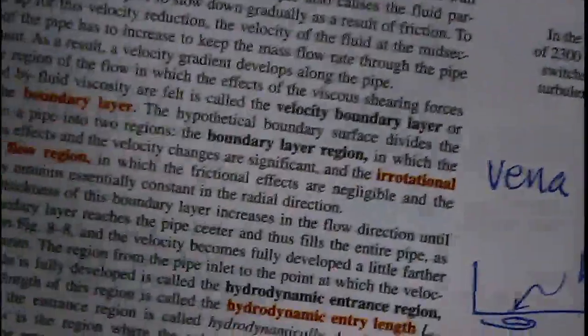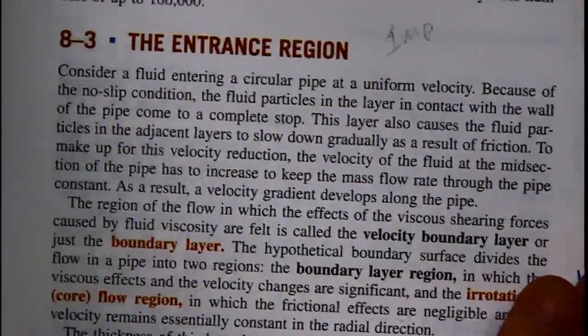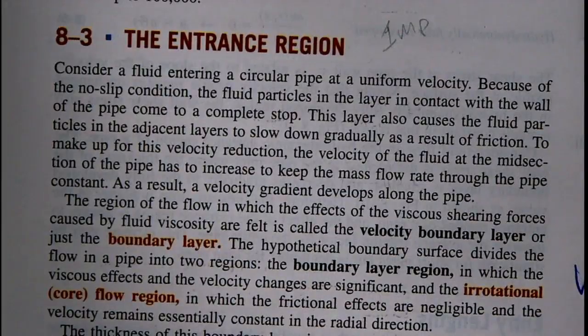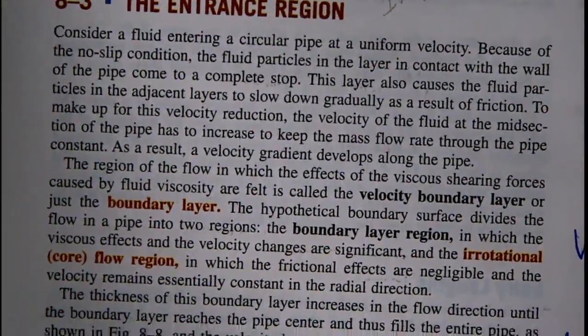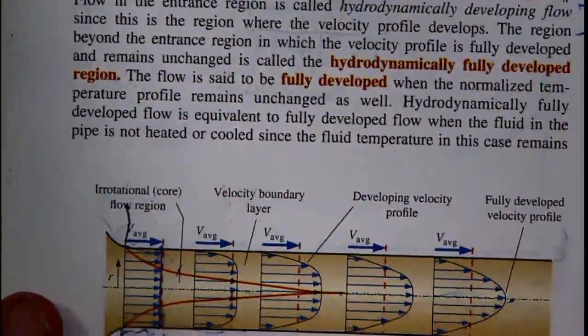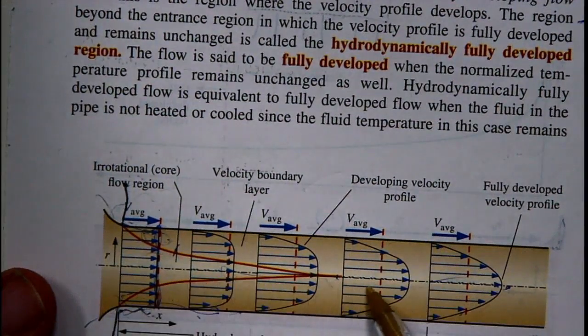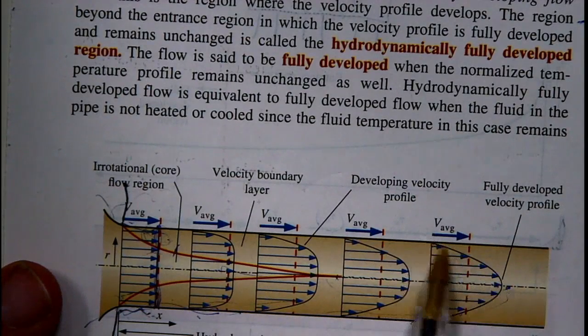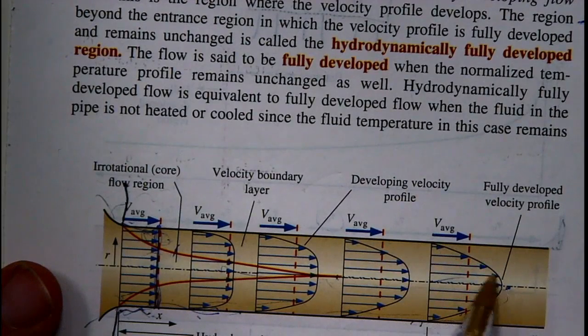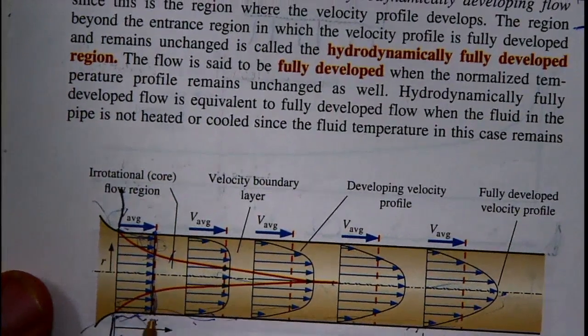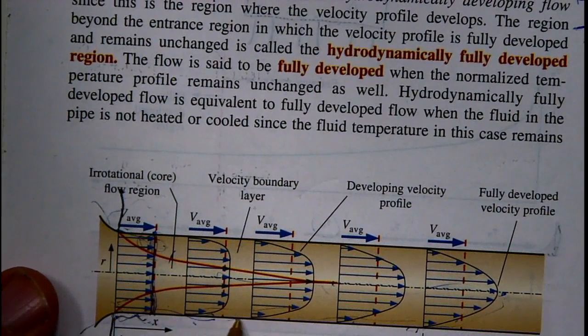And as I said earlier, you have vena contracta. In an entry region, you have boundary layers growing from each side. Here's a graphic of that. You have boundary layer growing from that side, boundary layer growing from that side. Deceleration of the fluid at the wall, acceleration forming the famous parabolic velocity profile. In this region, you have very high stresses, you have very high velocity gradients.